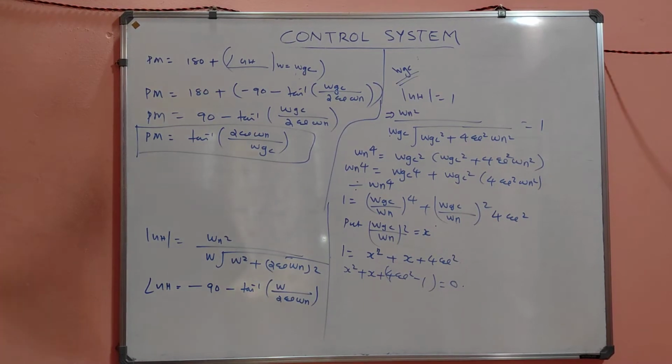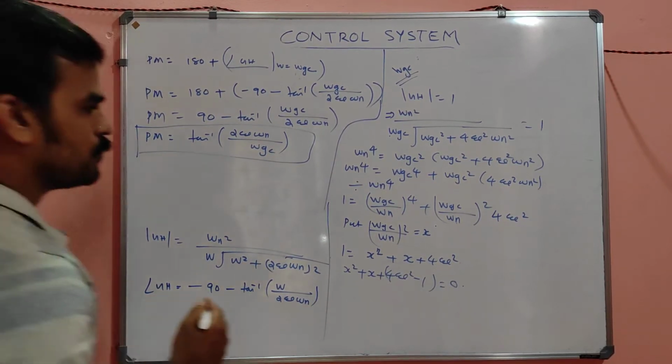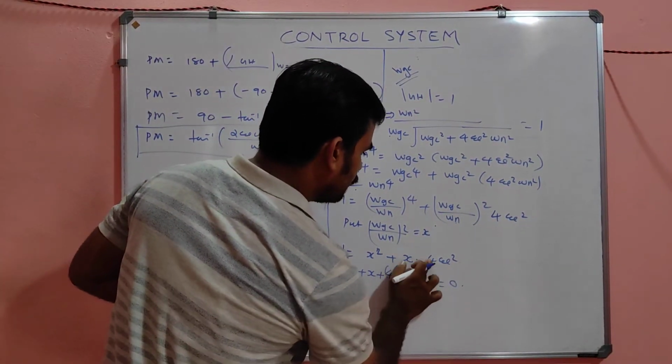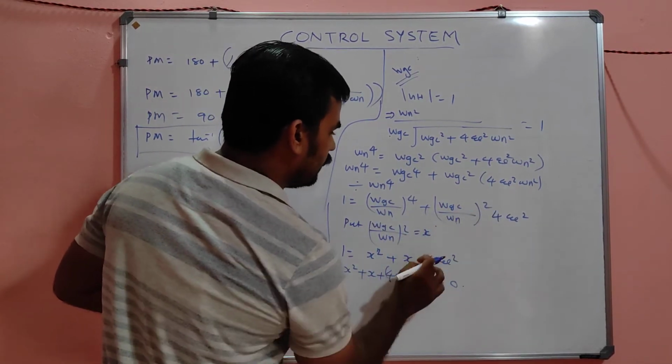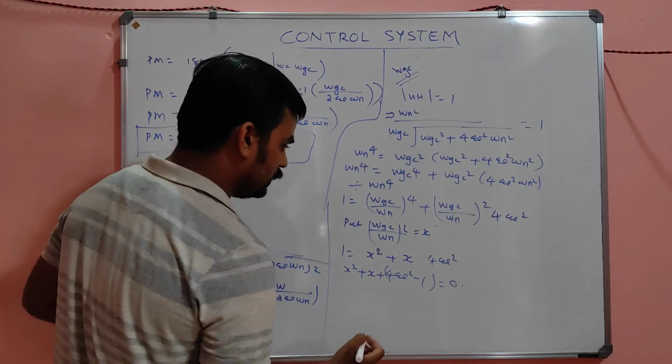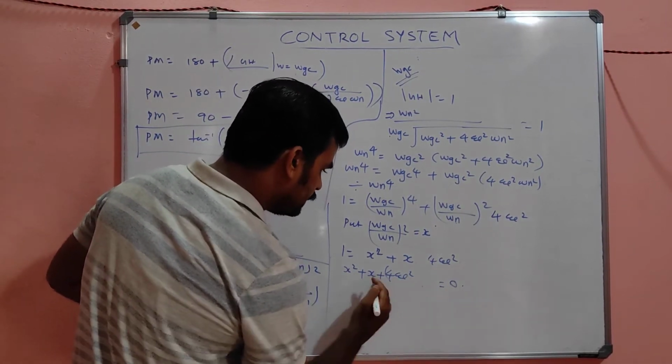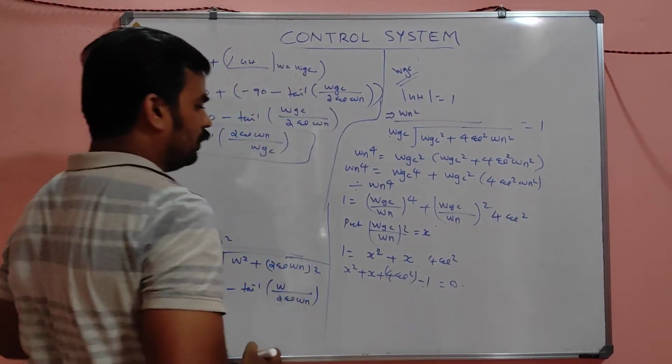Am I correct, my dears? X square plus 4 theta square x minus 1. It is x into 4 theta square minus 1 equal to 0.